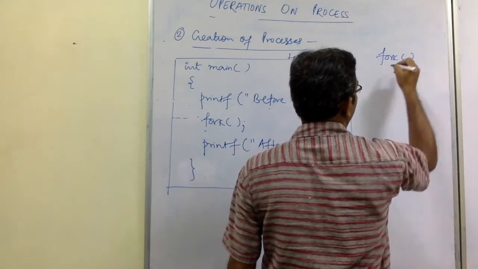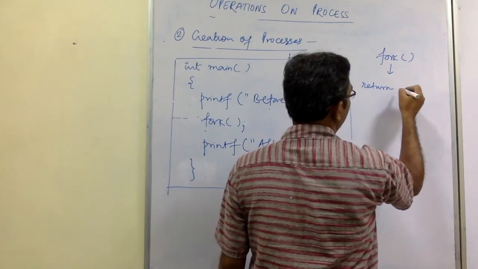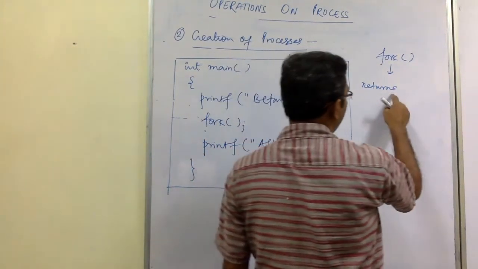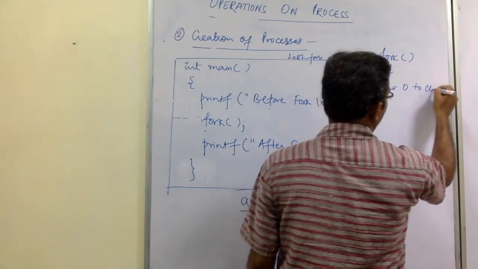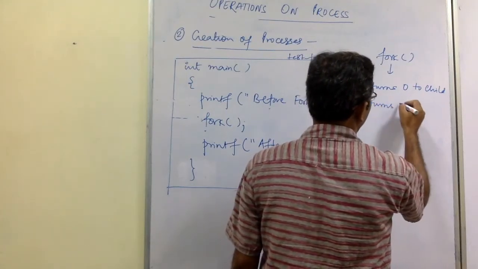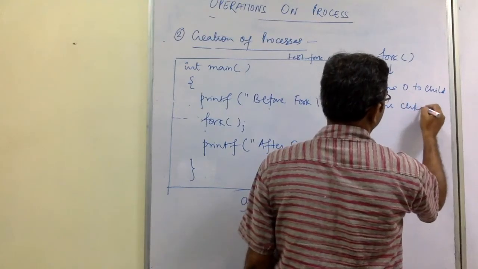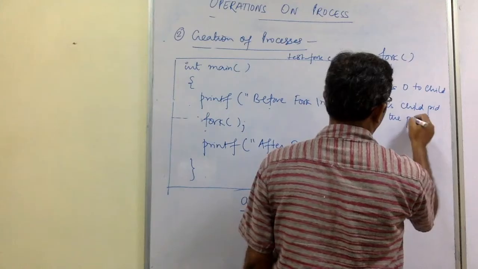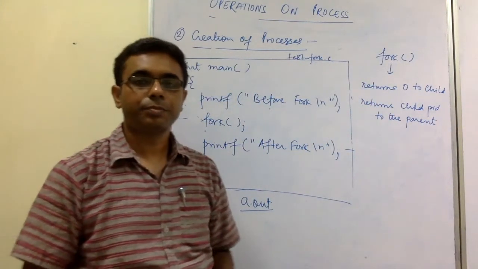For that we make use of the fork system call. Interestingly, fork, because it's a system call, returns some value. What does it return? It returns 0 to the child, and it returns the child process ID to the parent. So that's very interesting.